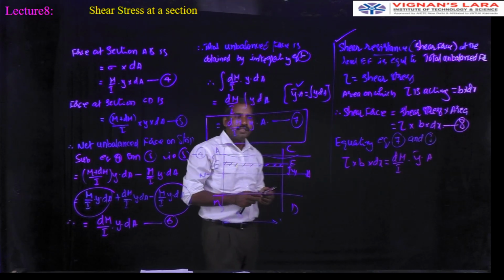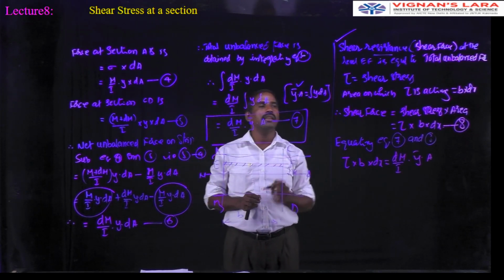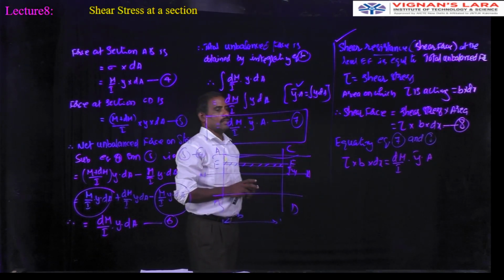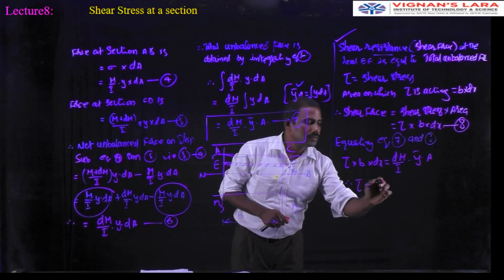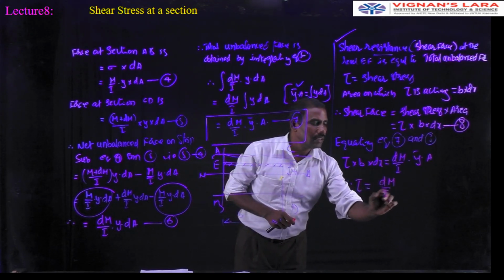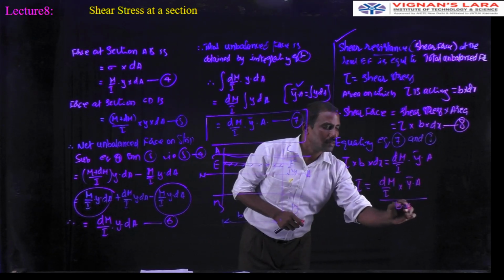Our aim is the calculation of the shear stress, represented as tau. Therefore, tau is equal to dM by I into y bar into A, whole divided by B into dx.